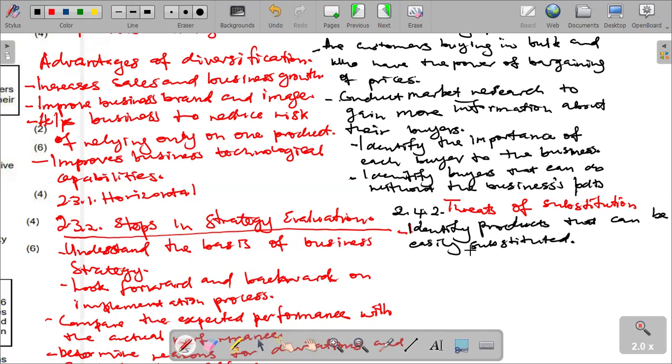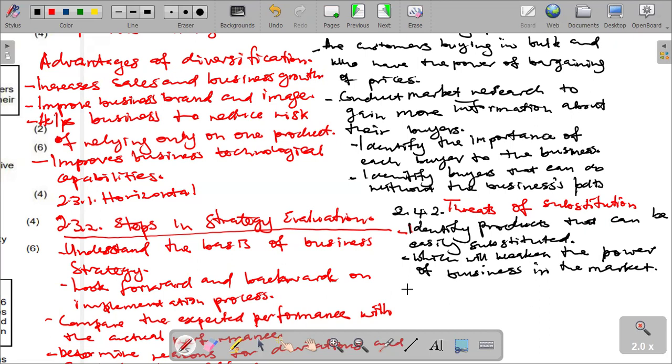Those products that can be easily substituted must be identified. And then we need also to see that this weakens the power of the business in the market.